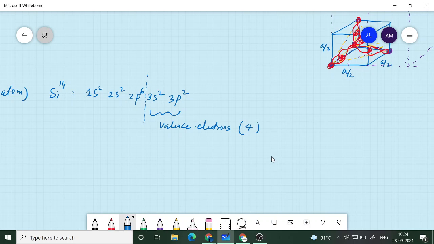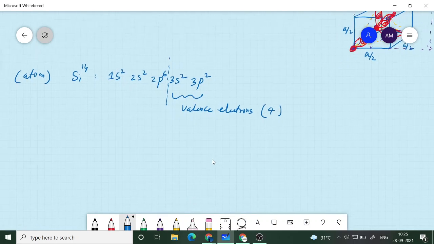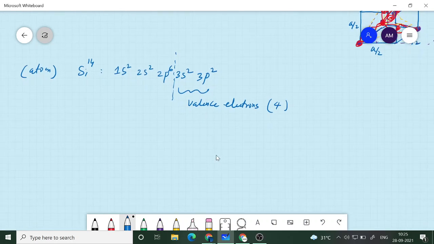But when you bring many silicon atoms near each other, they begin to interact with each other, and as a result one electron in the s orbital will go to the p orbital. So you can denote it like this.